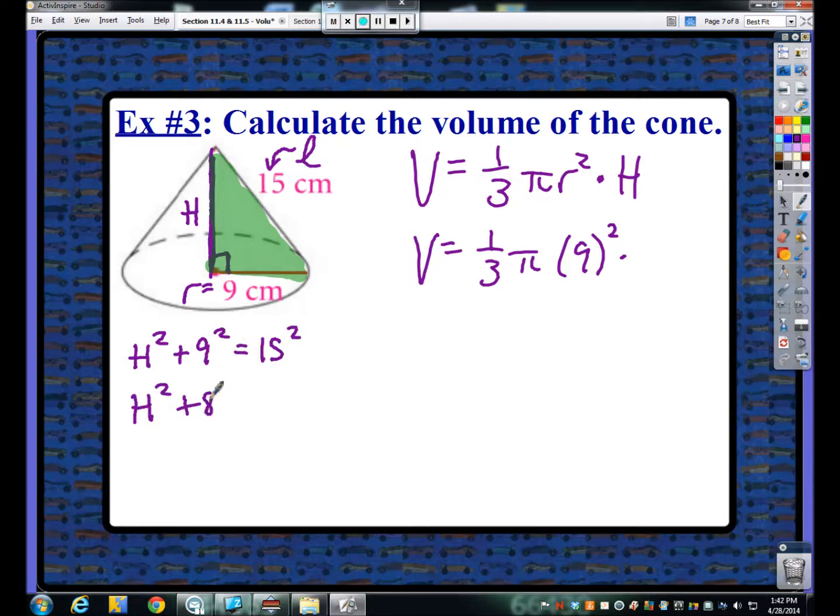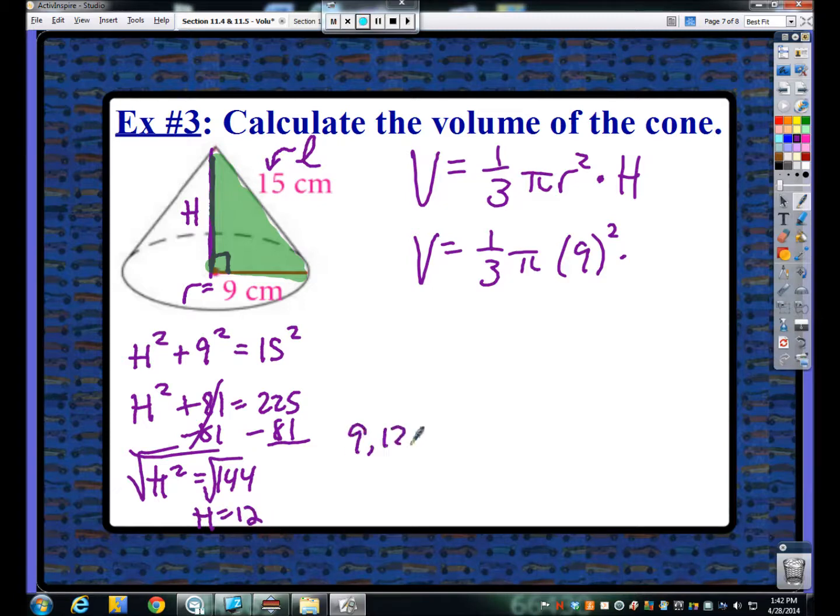And so we get 81 and 225, and subtract over the 81, and we get that the height squared is equal to 144. The square root of that gives us a height of 12. Now a 9, 12, 15, if I divide all of those by 3, this is really a 3, 4, 5 that's been tripled. So if you recognized it was a tripled 3, 4, 5, you could have jumped in and said, hey, the height's 12.